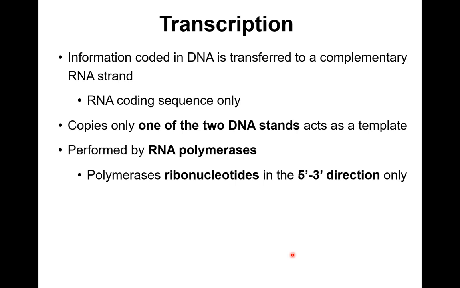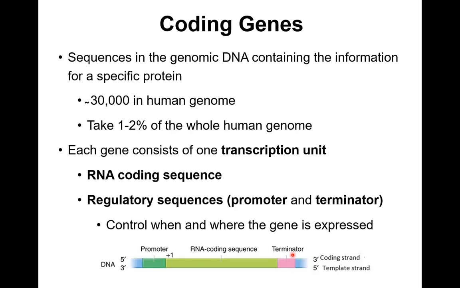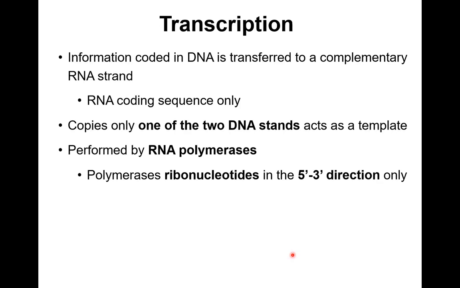So this transcription process is where this RNA coding sequence gets copied into a complementary RNA strand. This is done on the RNA coding sequence, as we said before, and only one of the 2 strands.